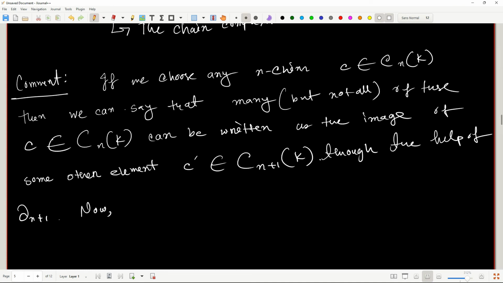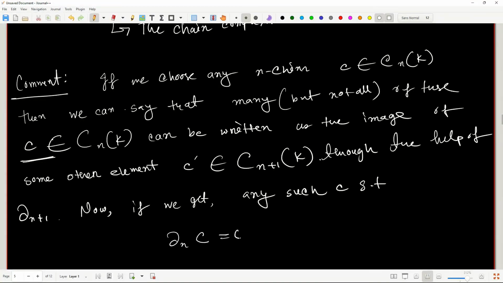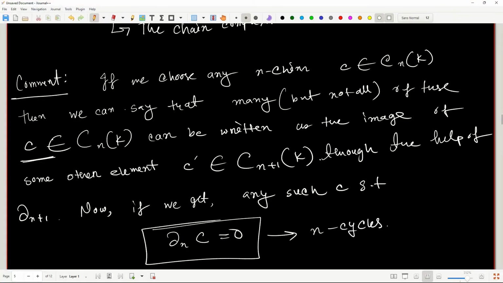Now if we get any such c, that means small c, such that the n boundary is 0, then we call them n cycles. If we have an n chain c, and apply the n boundary operation on that chain, and if I get a 0, then I call them n cycles.